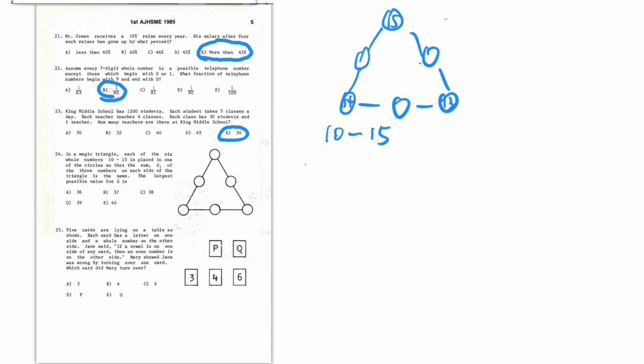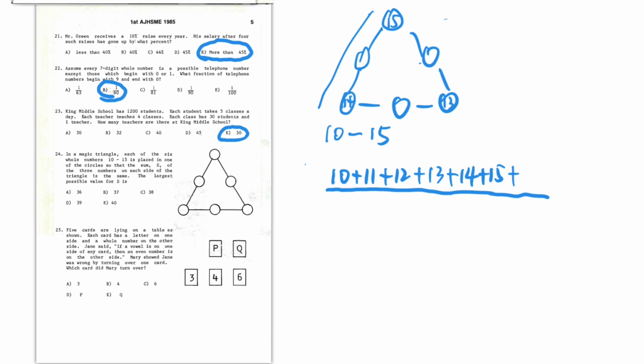So what's the total sum? 10 plus 11 plus 12 plus 13 plus 14 plus 15. But the 13, 14, 15 at the corners are used 2 times, so we add another 13, 14, 15. Just these 3 numbers times 2.